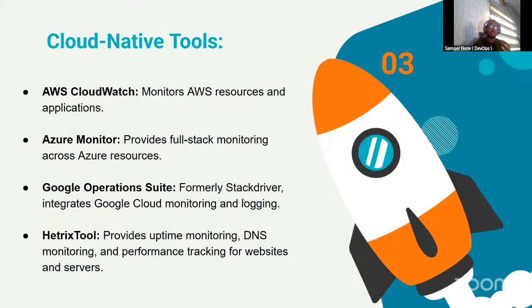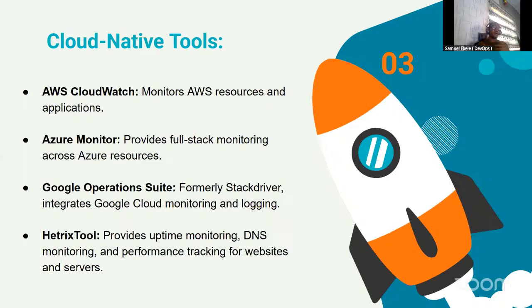Now, in cloud native, what we mean by cloud native is we have different cloud providers like AWS, Azure, GCP, and so many of them, right? On those cloud platforms, they also have their own monitoring solutions that monitor their services.